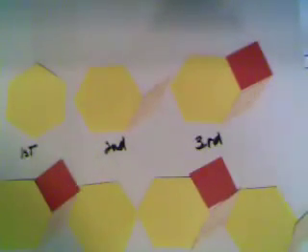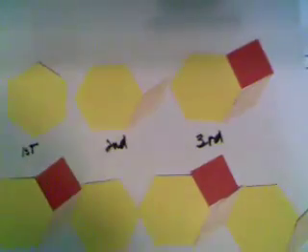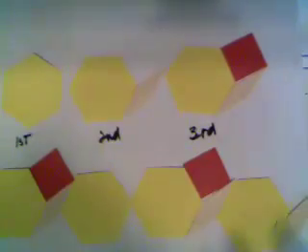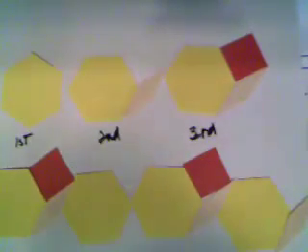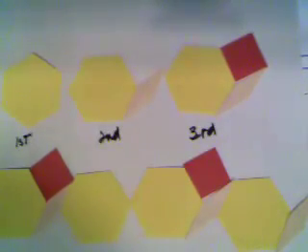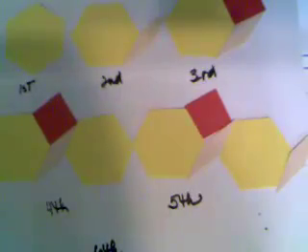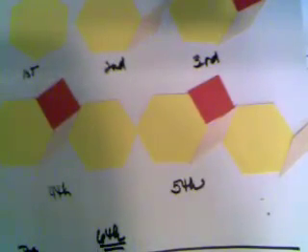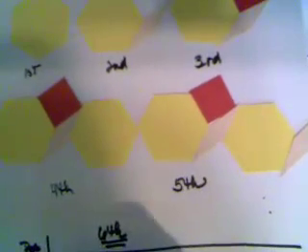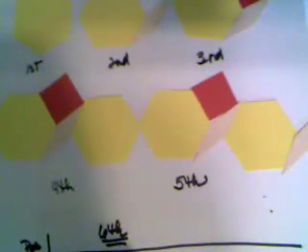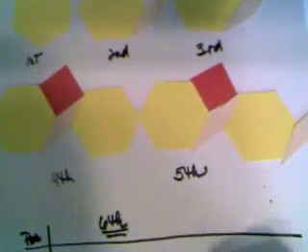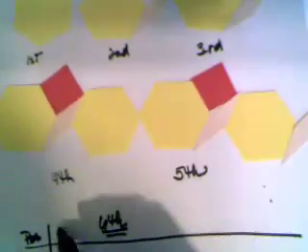Now, as we continue trying to analyze what would happen on the 10th position, what shape would end the 10th position, what would the 10th position look like, how many hexagons, how many squares, how many rhombi would you have, we need to create our table with our position, the number of hexagons, the number of rhombi, the number of squares.